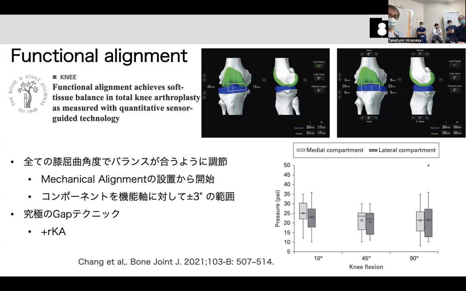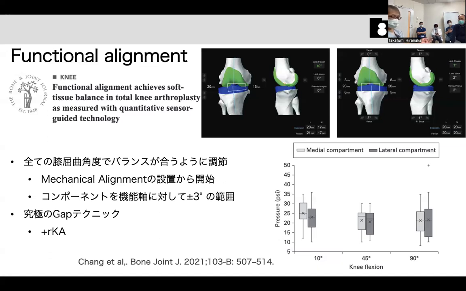Then the computer screen displays the medial and lateral gap at each knee angle. So like a computer game, which angle is the best? So anyway, this is maybe the second advantage of using robotics.